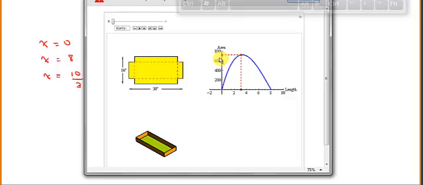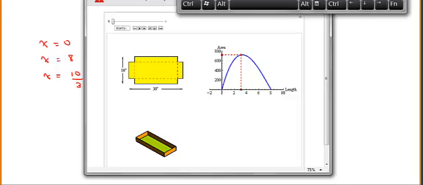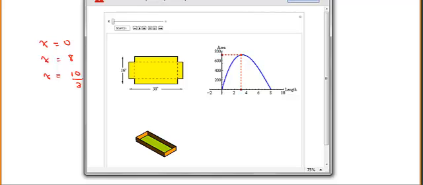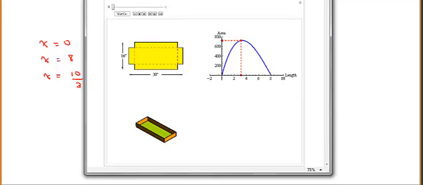I don't have the exact value, but it's around 729, and you can see that it's a little bit bigger than 700. So we have that result there. Okay. All right. So there's an example of an optimization problem using calculus.